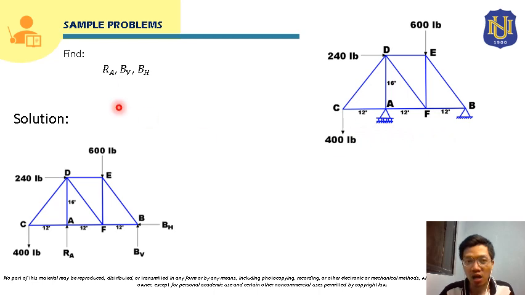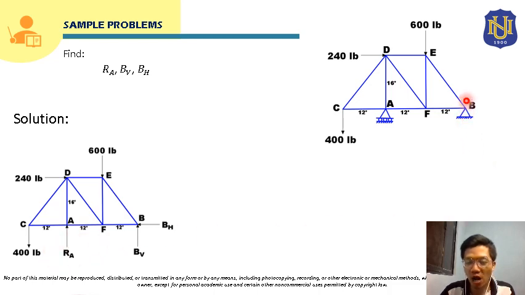So your RA will be applied somewhere here at point A. This will be the application of RA. And since our surface here is just horizontal, RA will just be vertical, since we have to apply RA perpendicular to the surface. So this will be our RA. We have to solve for RA.